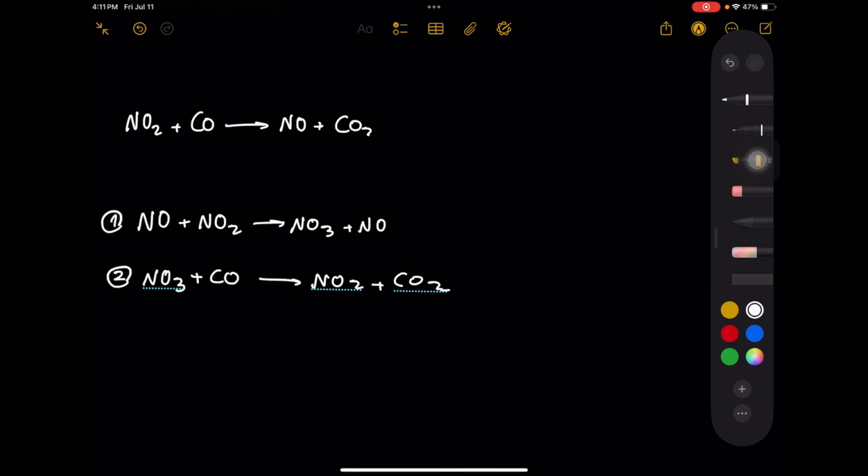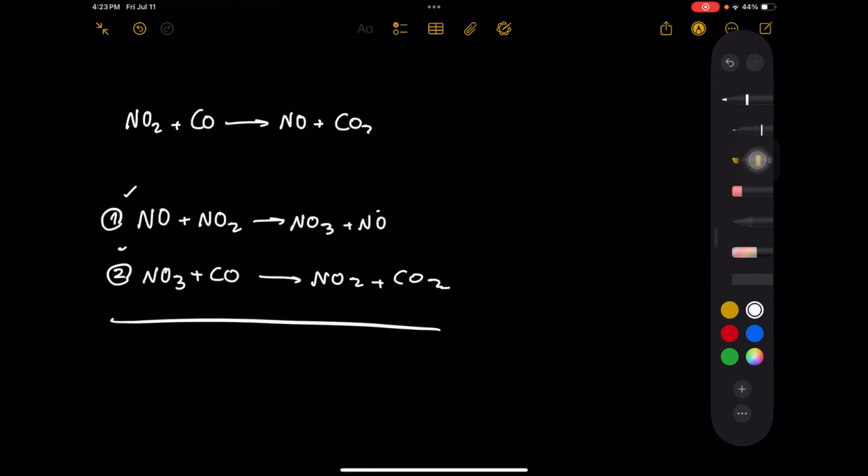And each process in the reaction mechanism is referred to as an elementary step. This one is an elementary step, and this one again is an elementary step, with the number of reactant molecules defining the molecularity of that step. So if a step has one reactant molecule, we call it unimolecular.